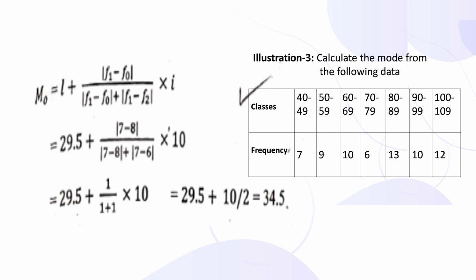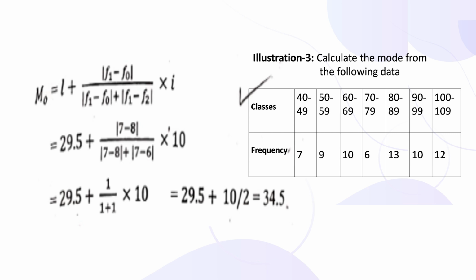So in the formula, if we take F1 minus F0, what value do we get? -1. As I explained previously, when the numerator or denominator comes out negative, you have to use the formula which ignores the mathematical signs. So here we use the formula with mod of F1 minus F0, ignoring the signs.